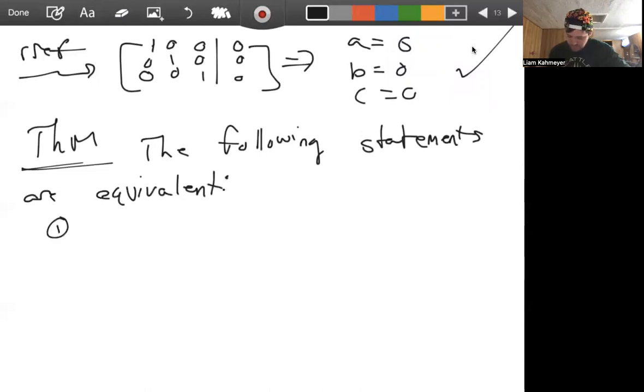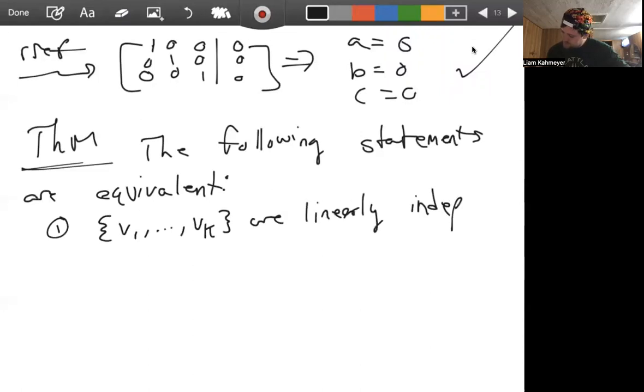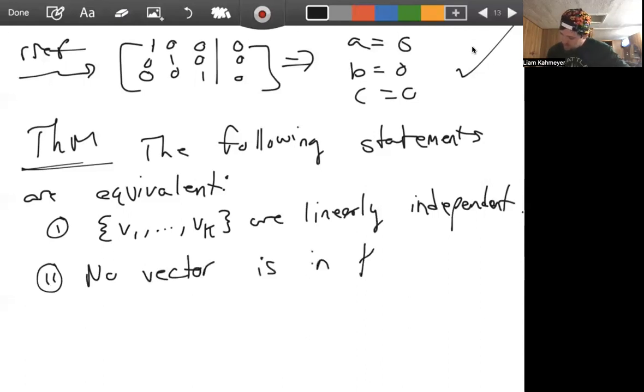The first one is that the set of vectors v1 through vk are linearly independent. The next one says that no vector is in the span of the others.